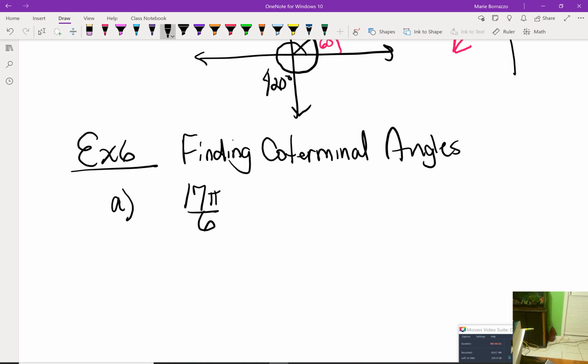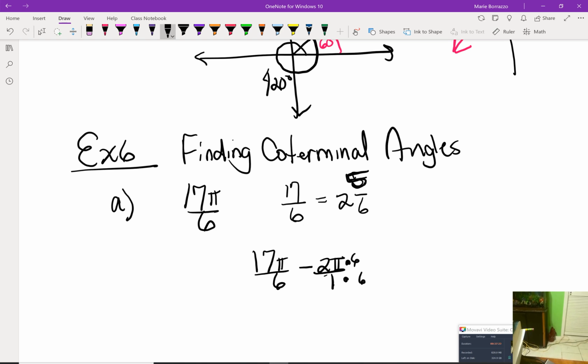In this one, I want you to understand that if you take 17 and divide it by 6, 6 goes into 17 twice, with a remainder of 5 over 6. In this case, if I take 17 pi over 6 and I subtract 2 pi, remember this is 2 pi over 1, so I have to multiply by 6 top and bottom to get a common denominator.